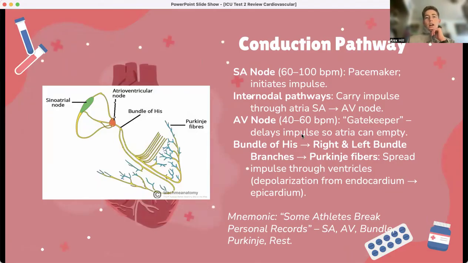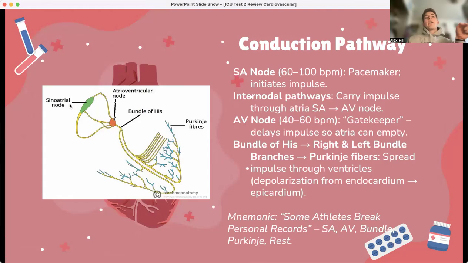Okay, conduction of the heart. So you start with the sinoatrial node, and that conducts between 60 to 100 at rest. Obviously, if you're working out, then you can get above that, but that's the average rate at rest.